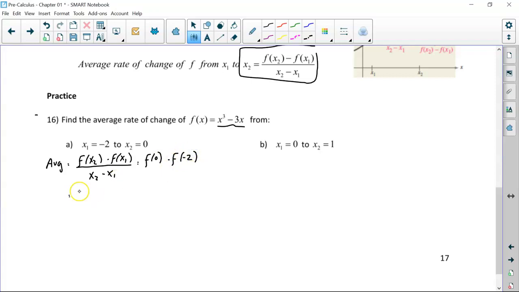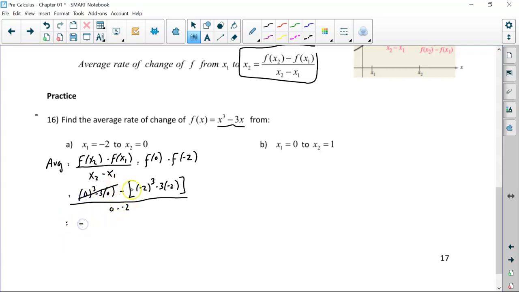So it's going to be 0 cubed minus 3 times 0 minus the entire quantity, so we're going to put a bracket, negative 2 cubed minus 3 times negative 2, all divided by 0 minus negative 2. So that's going to be 0, we don't have to worry about that.